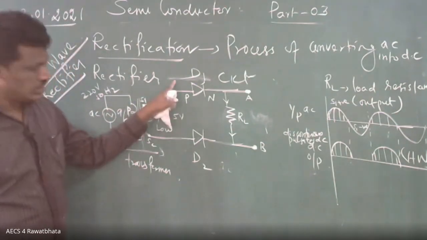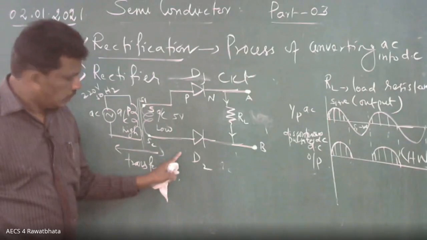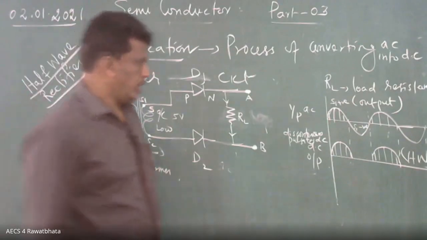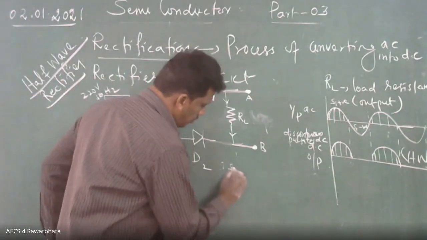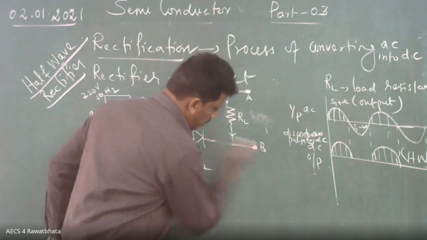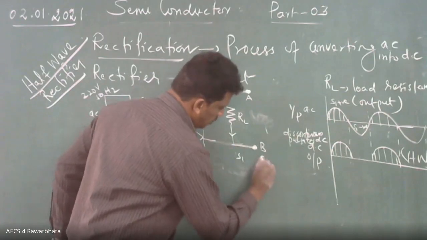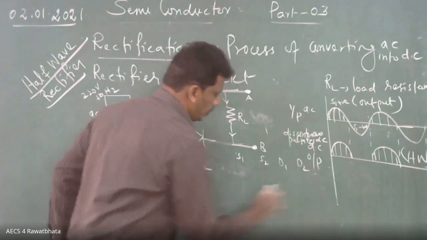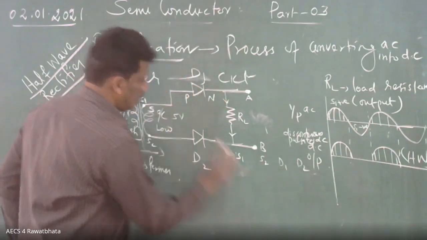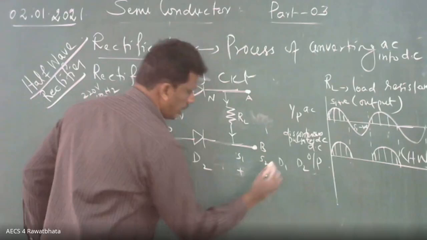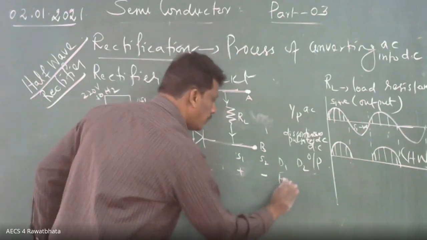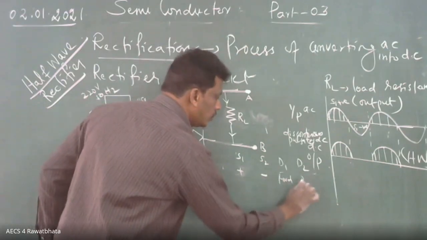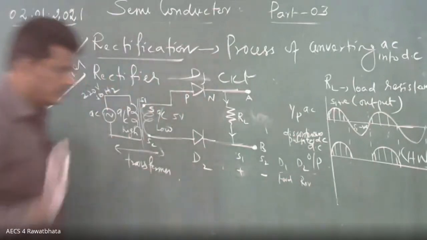S1 positive, S2 negative. Suppose I have S1, S2 here, D1, D2. S1 positive, S2 negative. So D1 is forward, D2 is reverse. Understand?